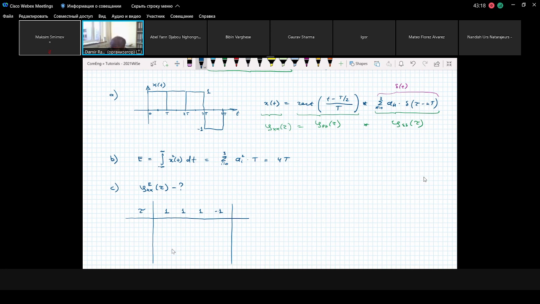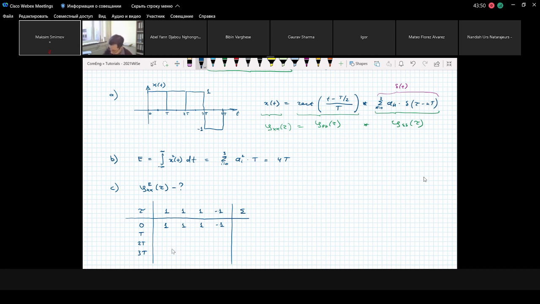And we have the first option for delay equal to 0, another option T, 2T, and 3T. And then the autocorrelation will be equal to 0 beyond that, because the original signal and the shifted version will not overlap, because the whole duration of our signal is 4T. So for 0 delay, I just repeat the same sequence.